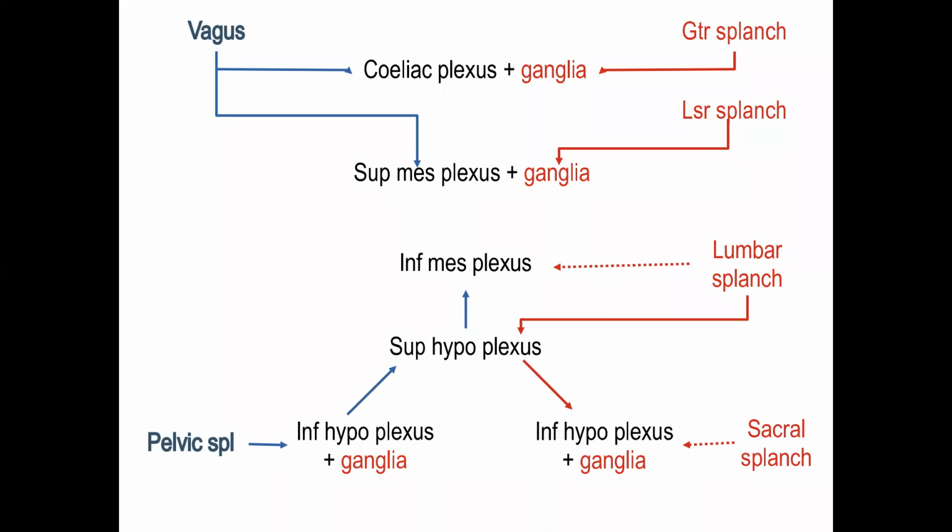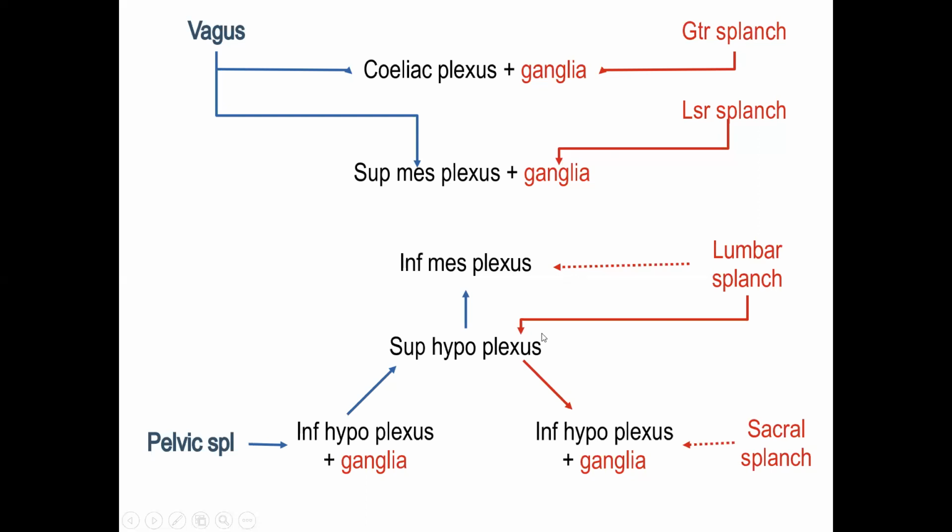Lumbar splanchnic branches from the lumbar part of the sympathetic chain are pre and postganglionic. The postganglionic fibers along the inferior mesenteric artery supply the hindgut. Preganglionic fibers relay in the inferior hypogastric ganglia, which are also mingled with the sacral splanchnics, which are already postganglionic, and the postganglionic branches of the sympathetic supply the pelvic organs.